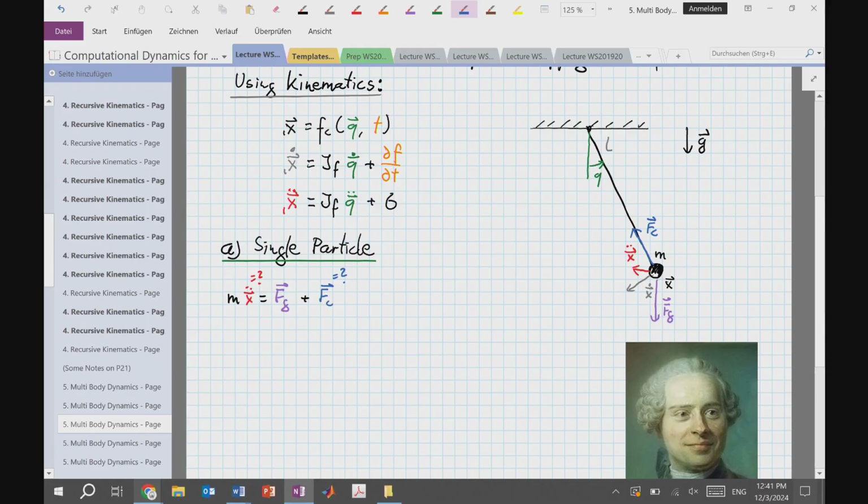So we don't have enough equations here for our unknowns, right? In this 2D particle world, we have two unknown accelerations, two unknown components in Fc, and we have only a two-dimensional vector equation. This is basically Newton's law.